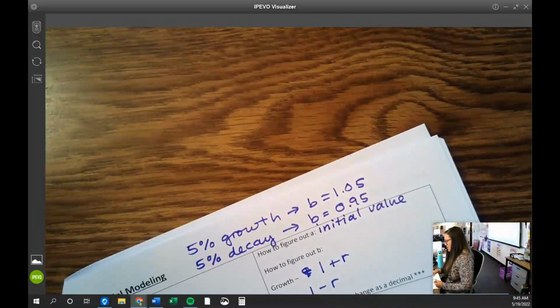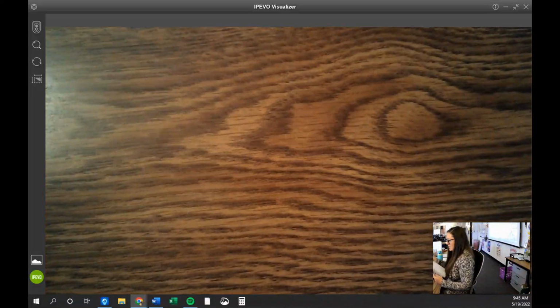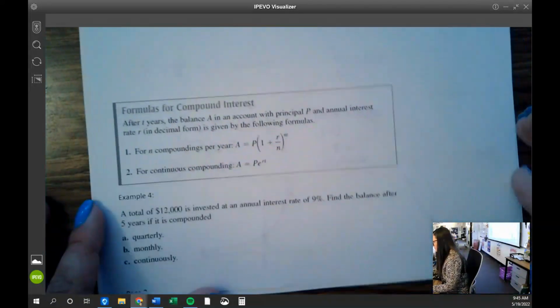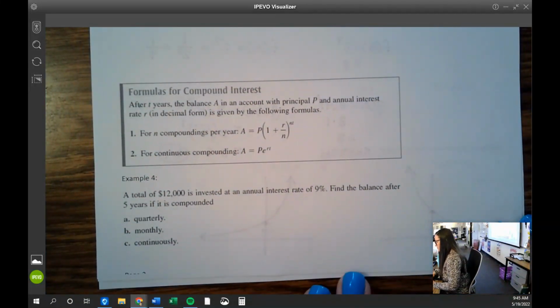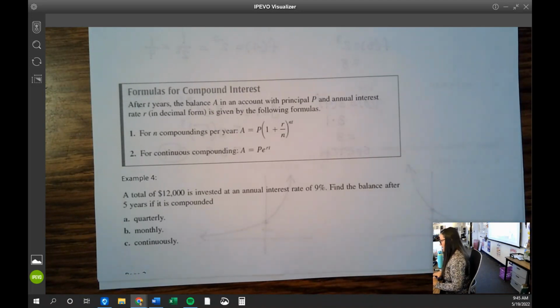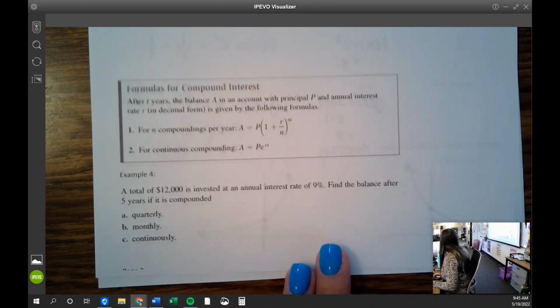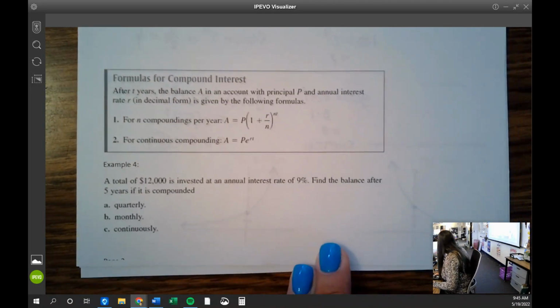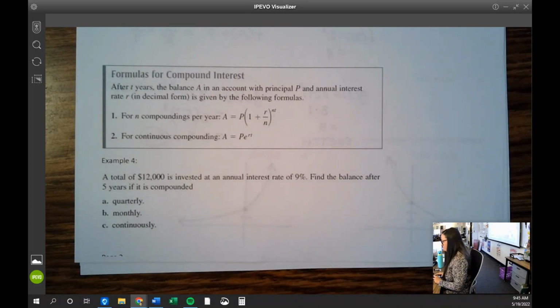Now, that is it for lesson 2, but I actually want to go back to lesson 1 and talk about interest, now that we've talked about E and exponential modeling.